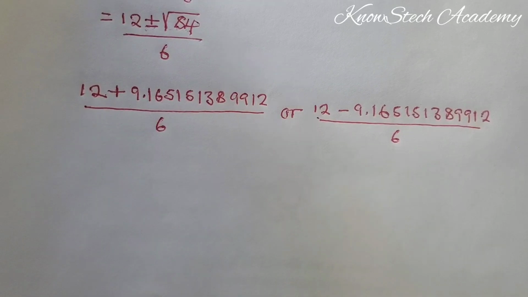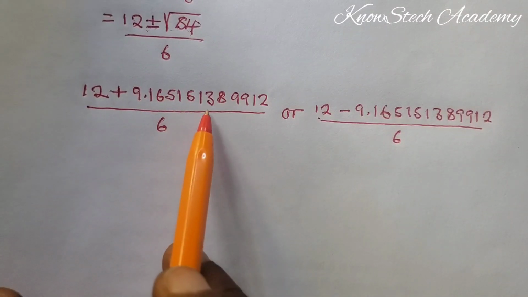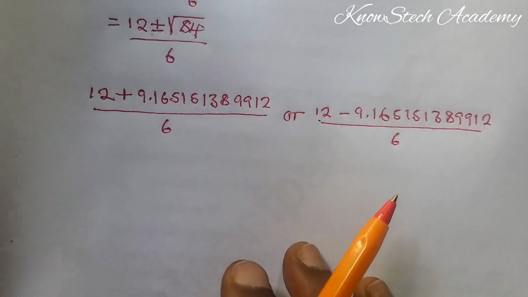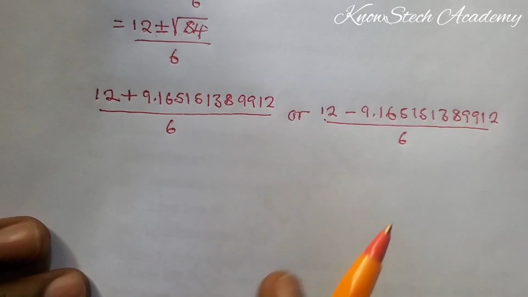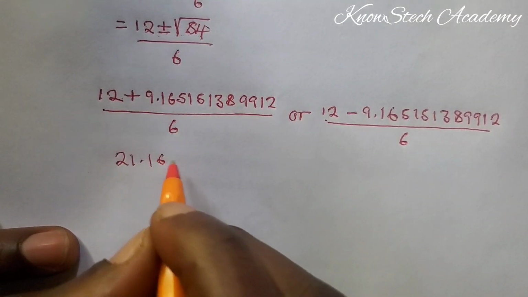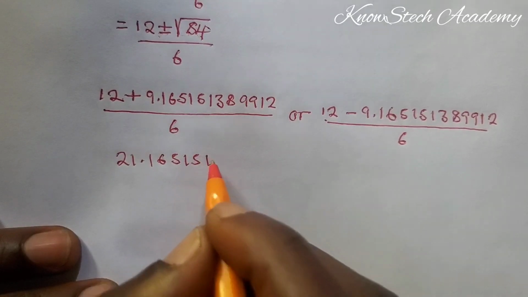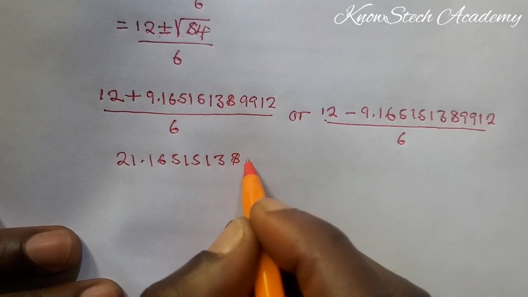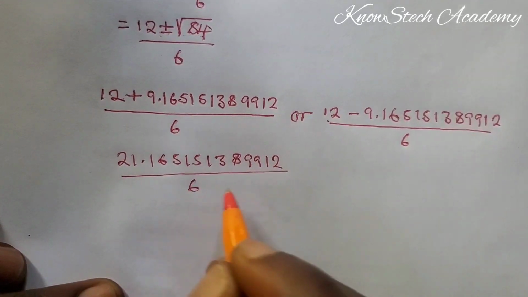Okay, now there we can solve the numerator, what is on top. So we can say 12 plus this, so it will be 21.1651389912, the whole of this divided by 6.